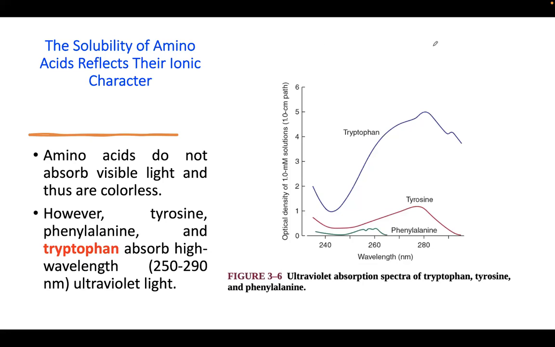Okay, now almost done. Another property of amino acids is the solubility. Always remember the solubility of amino acids will reflect their ionic character. Now, of the amino acids mentioned in your textbook, which has the highest wavelength to absorb ultraviolet light?